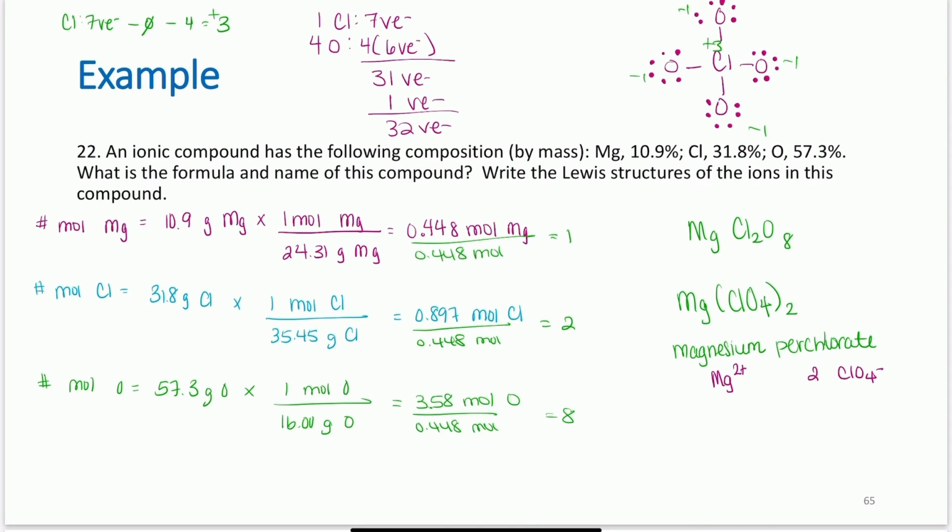How can you minimize that? Multiple bonds. How about we donate a pair of electrons from each of these oxygens? Now, this oxygen still has a -1 charge, but everything else has been minimized.